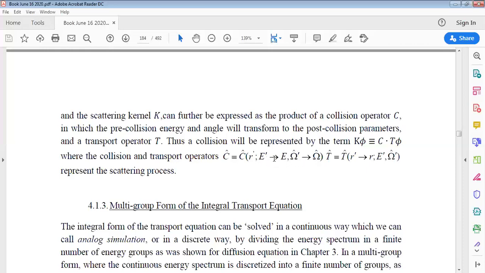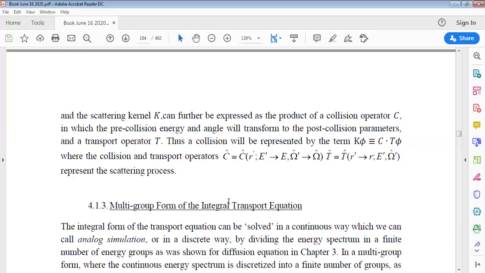So through the conservation of momentum, energy has to be conserved, and momentum has to be conserved, horizontal and vertical. So the conservation of momentum and conservation of energy takes us to the point where we see that the angles have to change. And so the post-collision parameters become the ones of interest to us, which are R, and so this should have been R because it's now at R. So now the contribution is to the collision density at R, E, omega. So that's what we were interested in.